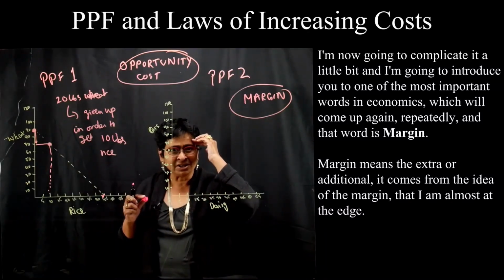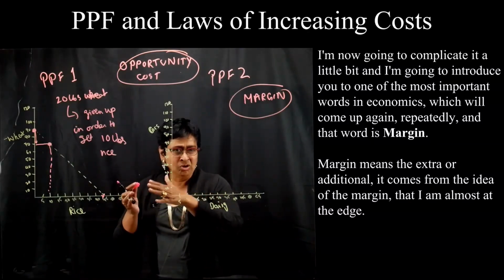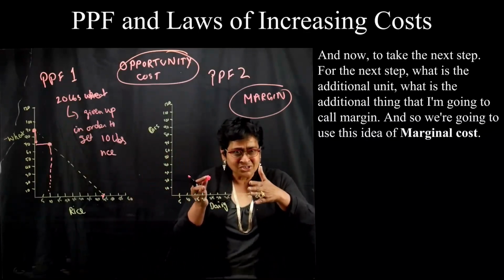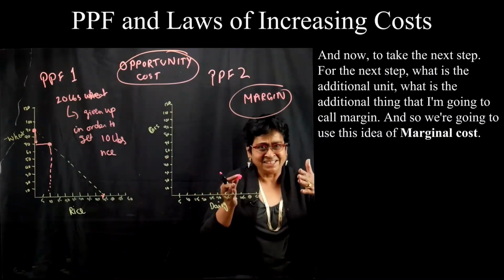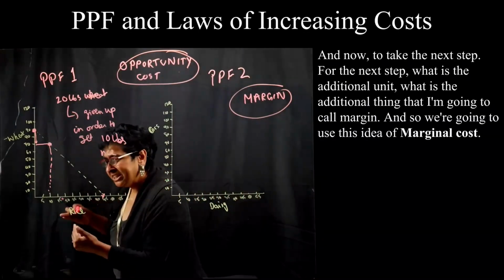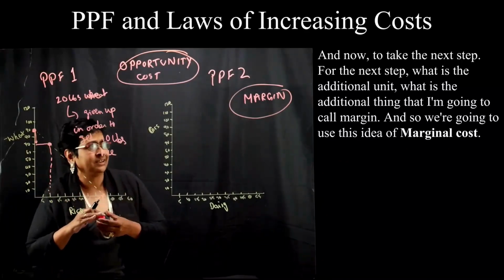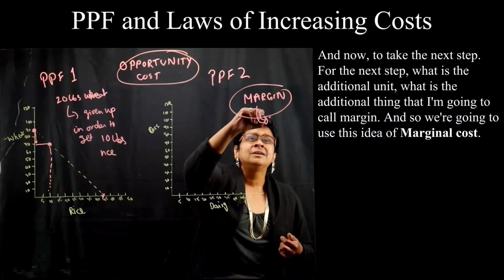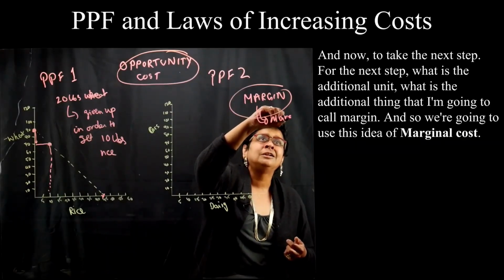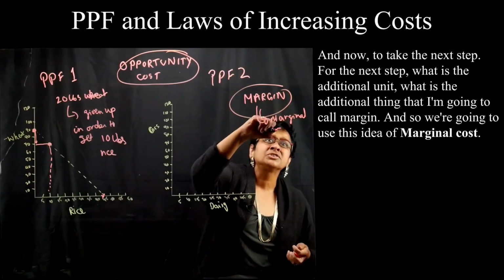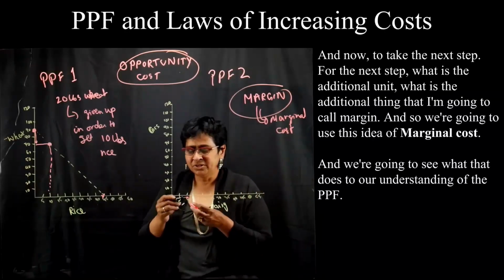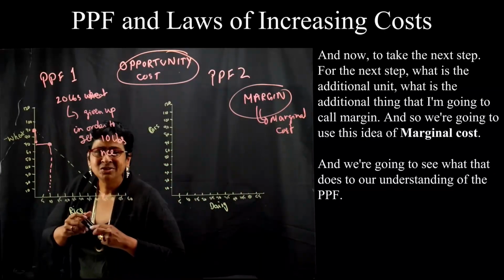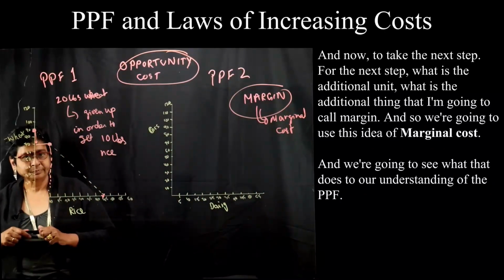It comes from that idea of the margin, that I'm almost at the edge, and now to take the next step. What is the additional unit? What is the additional thing that I'm going to call margin? And so we're going to use this idea of marginal cost, and we're going to see what that does to our understanding of the PPF.